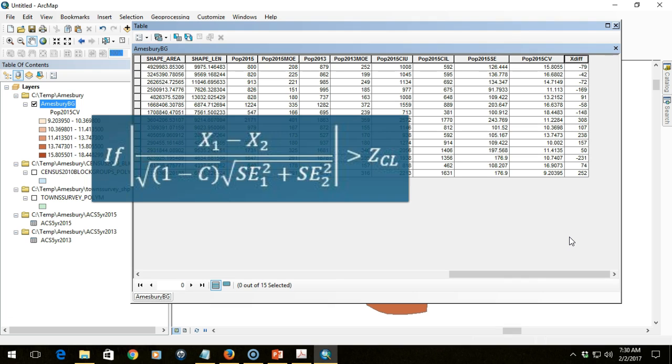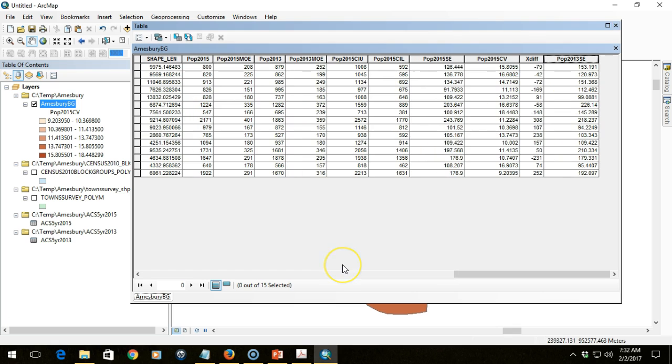In this case, the periods 2009 to 2013 and 2011 to 2015 overlap for 3 out of the 5 years. So c essentially is 3 divided by 5, or 0.6. In order to compute the test of significant difference, I need several values. I need the difference between the two estimates of interest, the two time periods I'm comparing, and I need the standard errors for both time periods.